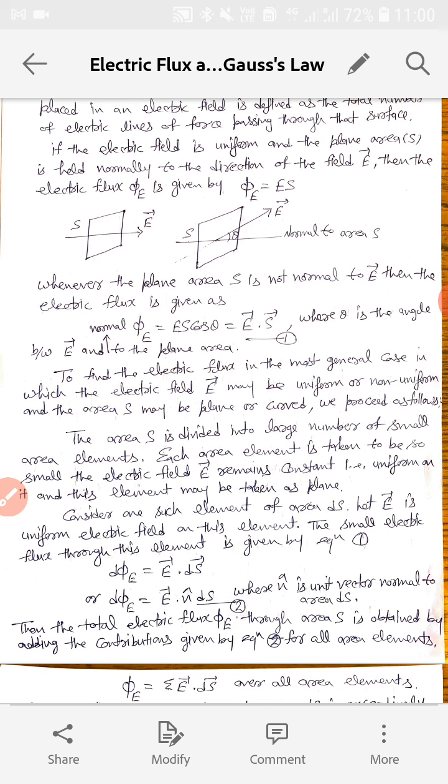And each small area is taken to be so small that the electric field within that small area remains constant, that means the electric field within that small area is uniform. And the area element is also so small that we can take that area element as a plane surface.